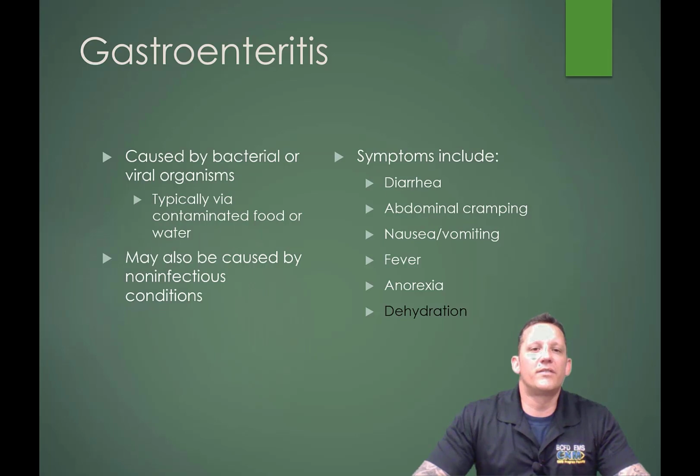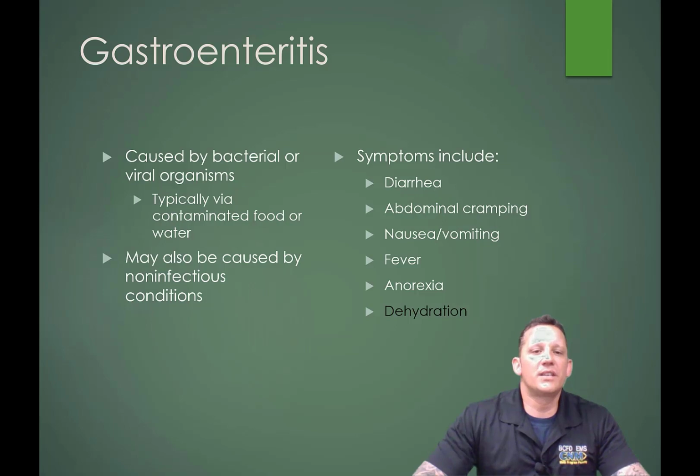Gastroenteritis is caused by bacterial or viral organisms. This is usually from some kind of contaminated food or water. So you can think of a handful of diseases that come from drinking non-clean water, or if your food has some kind of bacterial load on it from poor hygiene or what have you.